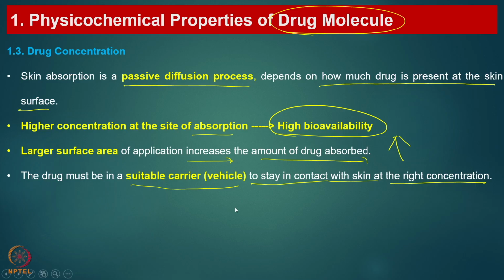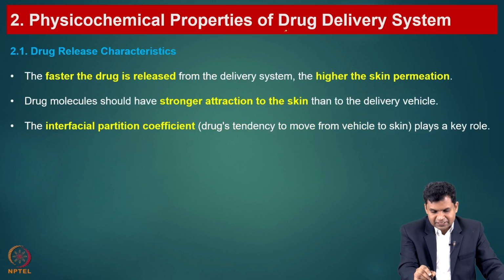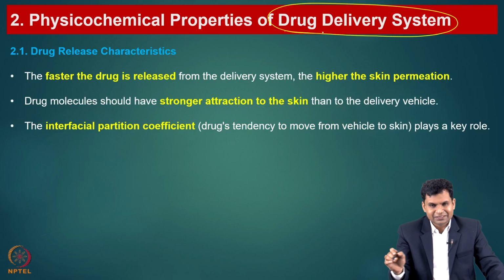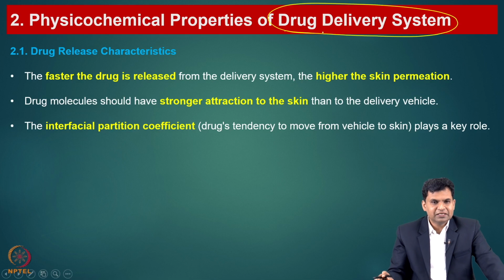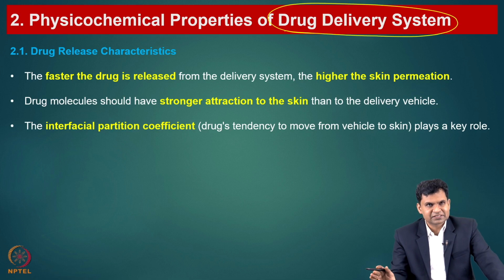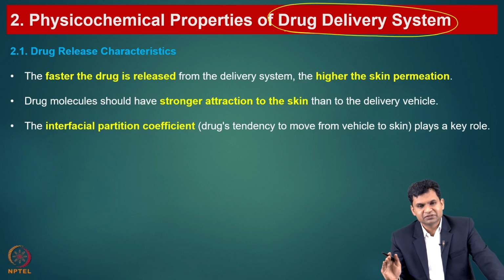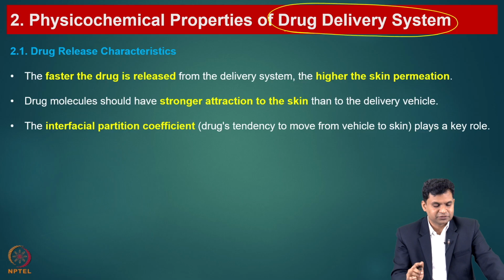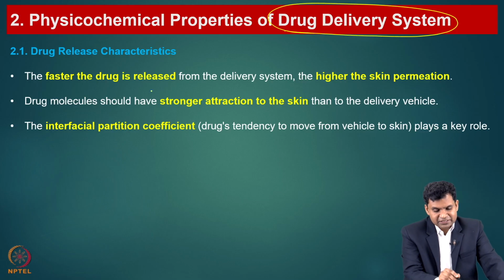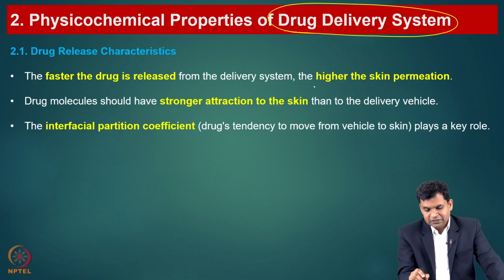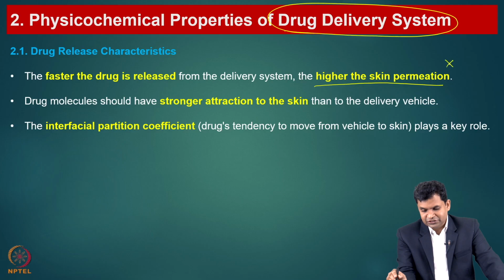site of administration. And coming to the second factor, that is drug delivery systems. Here the drug release characteristics are very important. So, here we try to see the release of the drug from the formulation. The faster the drug is released from the delivery system, the higher the skin permeation.